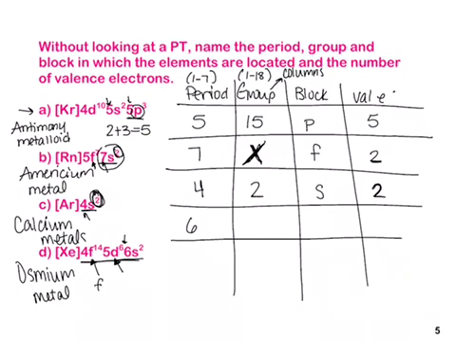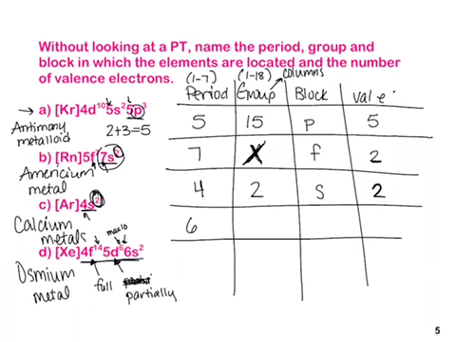So this F block is completely full because of 14. F can hold 14 electrons. The D block is only partially filled. Actually, that one is also completely filled. No, it's partially, because the D block has 6 electrons, but it maxes at 10.